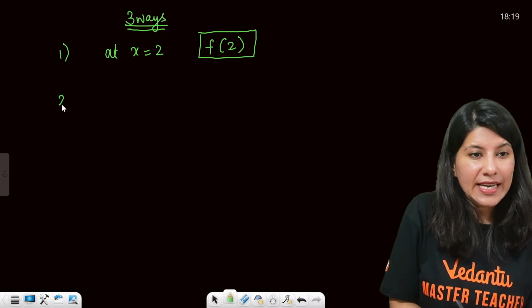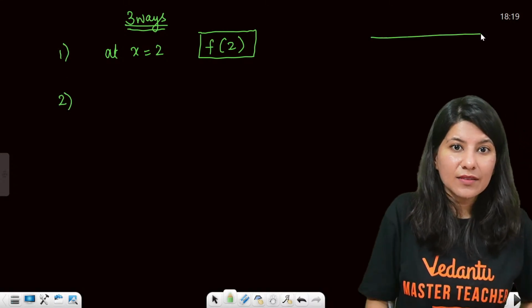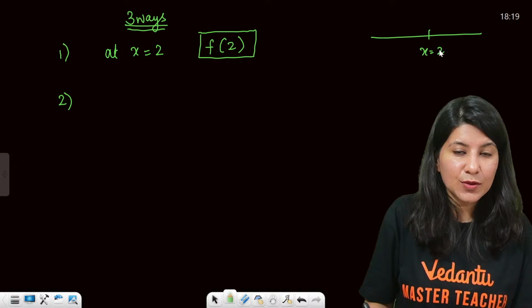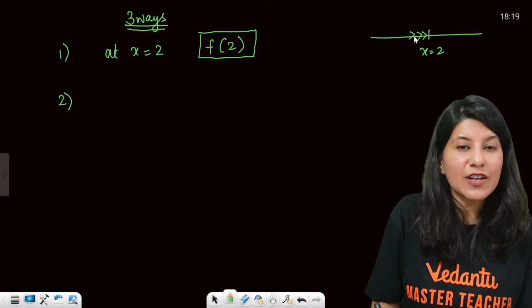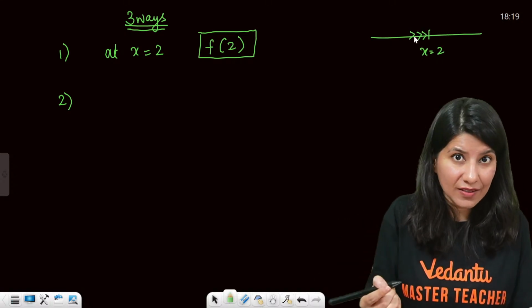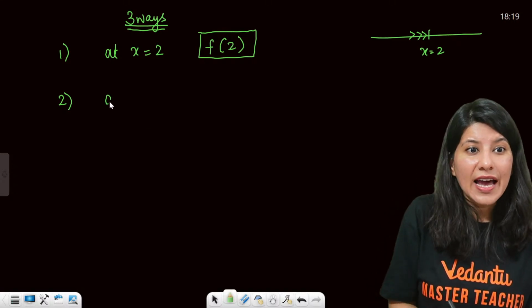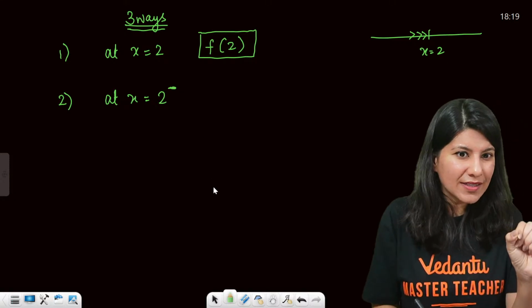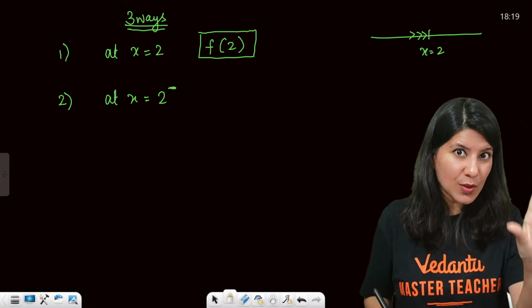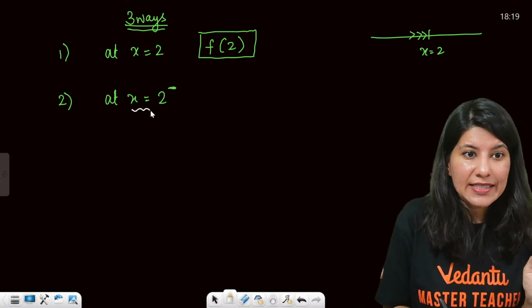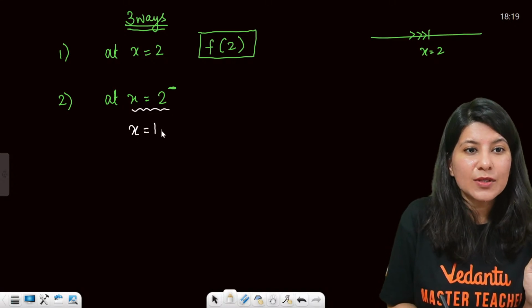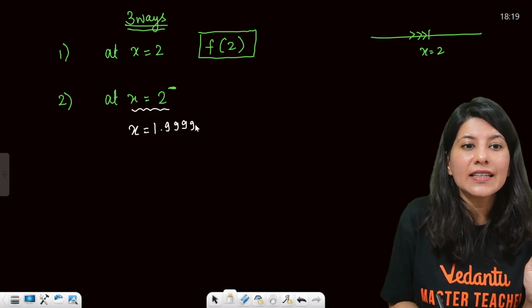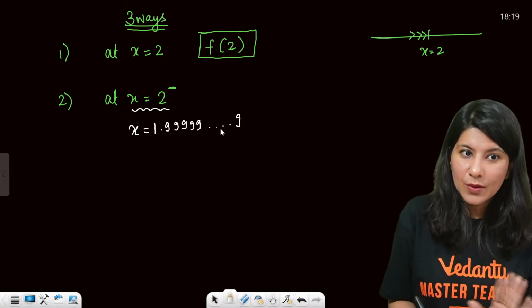That is the first way. The second way is approaching this function from the left hand side. That means at x equals 2 minus. What is 2 minus? This is a new term which you are maybe seeing right now. x equals 2 minus means x equals 1.99999.